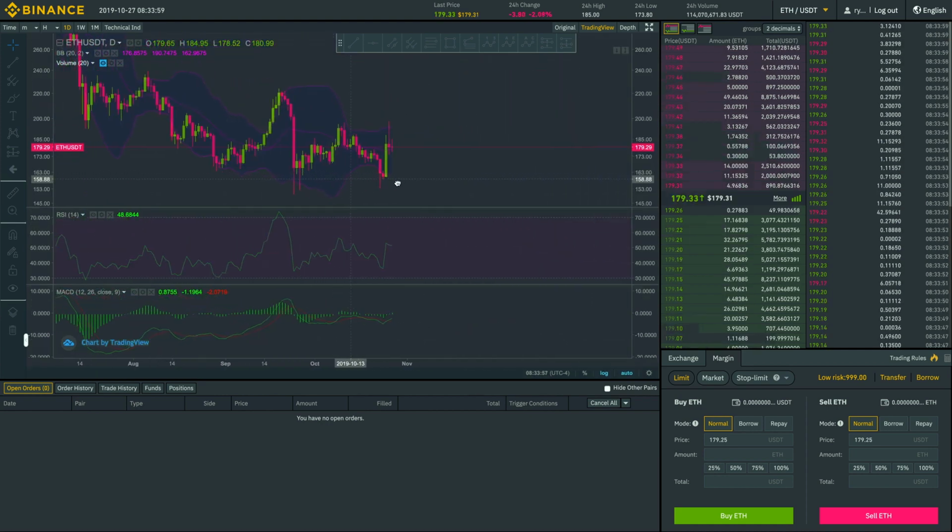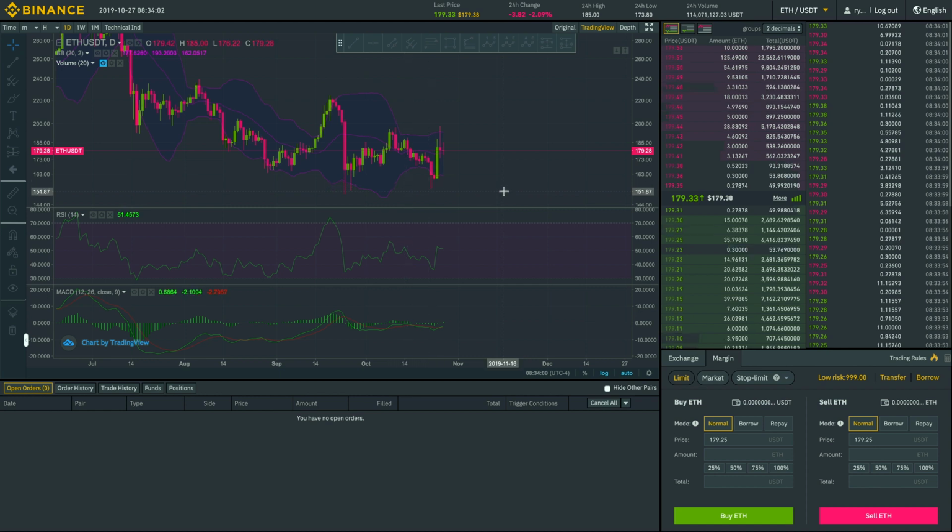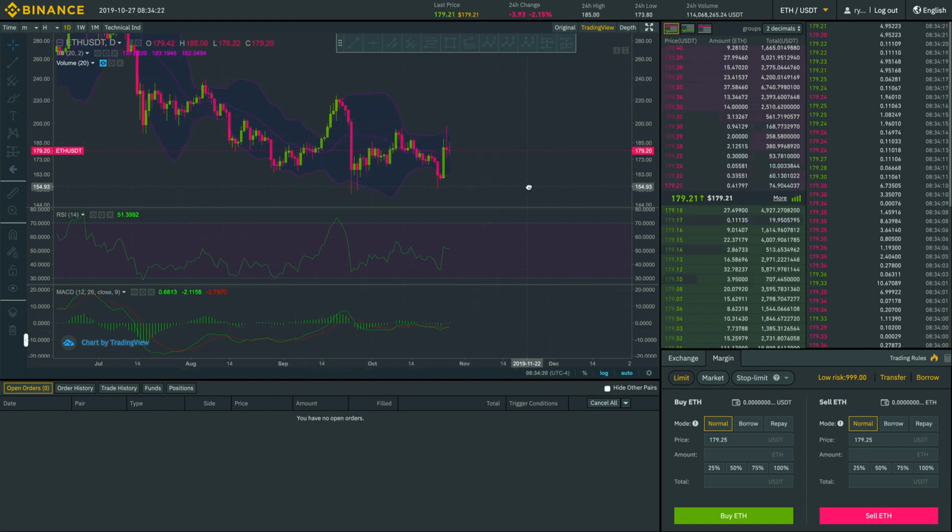When I go to my trading account on Binance, you'll see that they've partnered with TradingView, and you can set up your charts. For myself, I have the RSI and MACD here, and you can even have Bollinger Bands, and so forth. So you can set up whatever indicators you want on your charts.